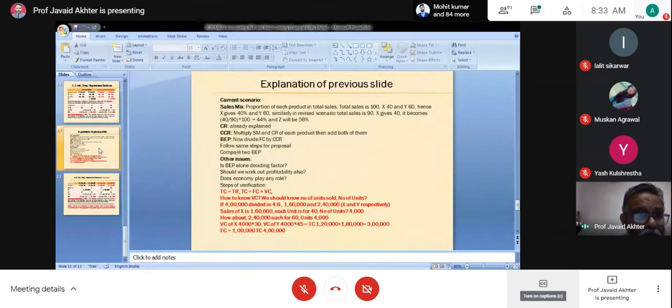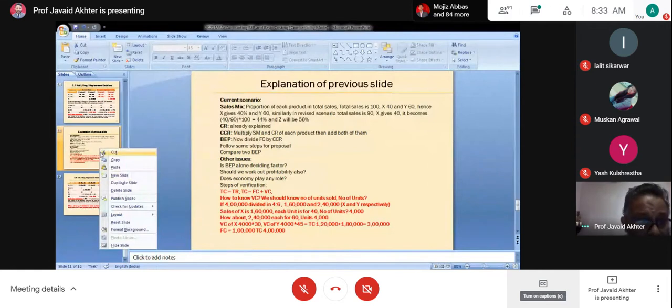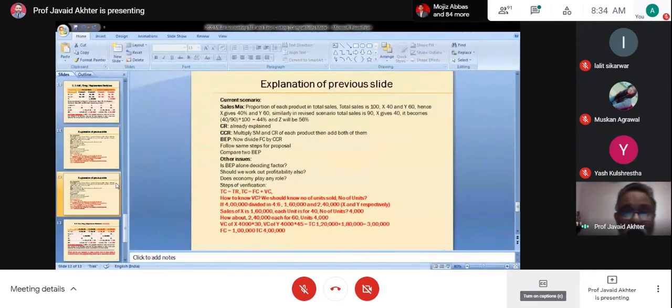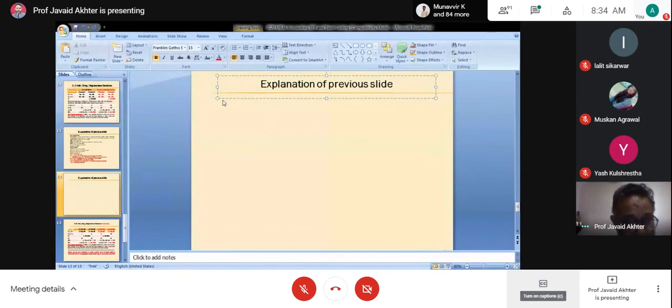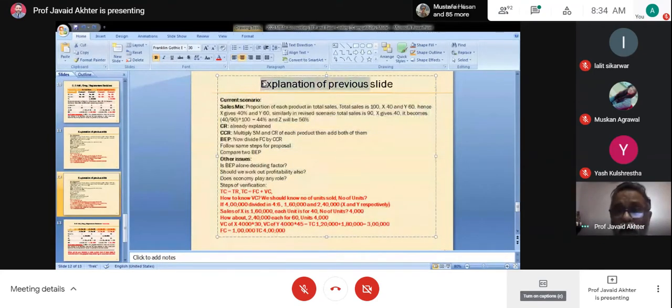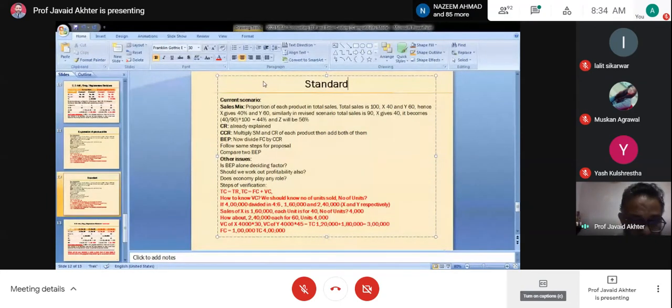Standard costing and variance analysis. Download that one because we will be discussing that in detail. Standard costing, I'll just give you an idea about it.